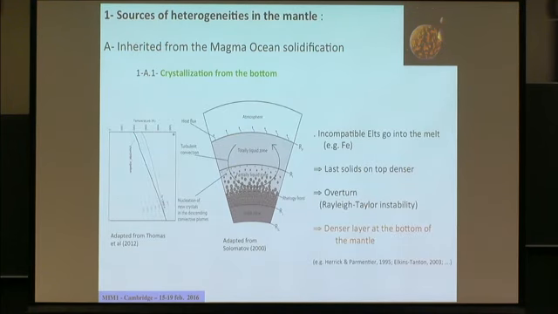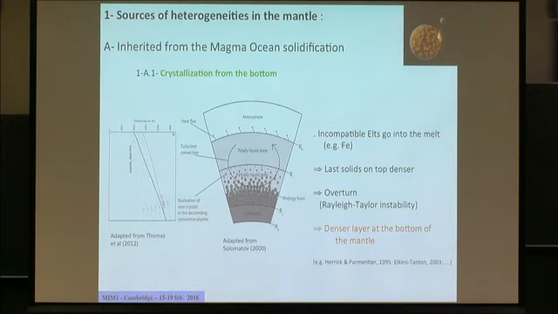Then, as incompatible elements, like for example iron, go into the melt, the last solid to crystallize on the top will be the one that has the most iron, and so it will be denser than the rest of the mantle. Then you can have overturn of this denser top layer through Rayleigh-Taylor instability, and you end up with a denser layer at the bottom of the mantle.